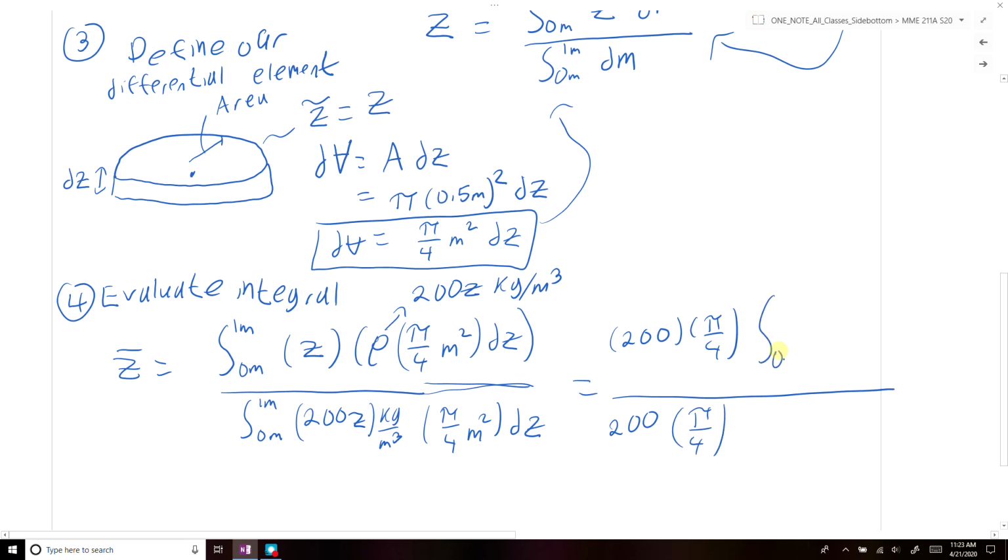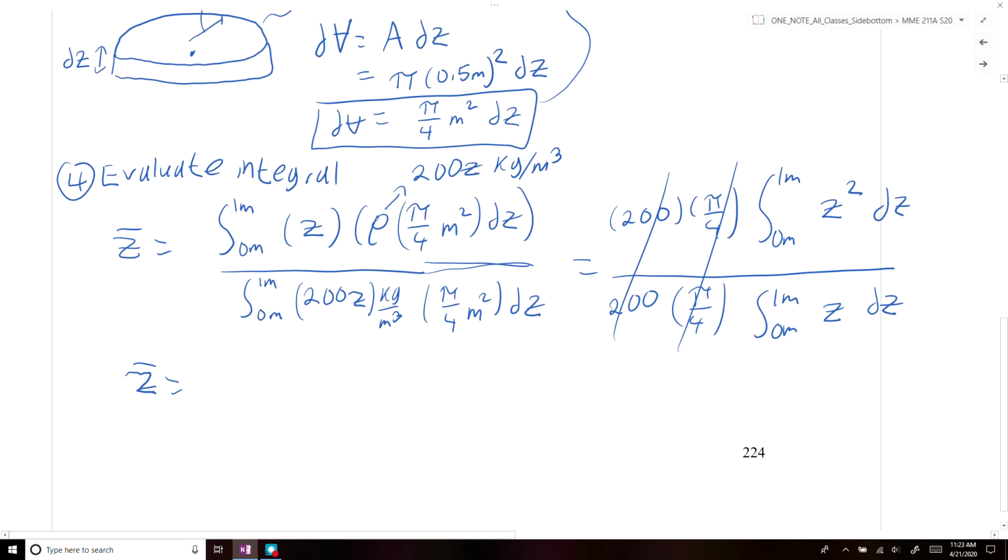On the numerator we'd be left with z squared dz, and on the denominator we'd be left with just z dz. So our 200s and our pi over 4s will cancel out, so z bar is equal to the integral from 0 meters to 1 meter of z squared dz, and the denominator is left with the integral from 0 to 1 meter of z dz.